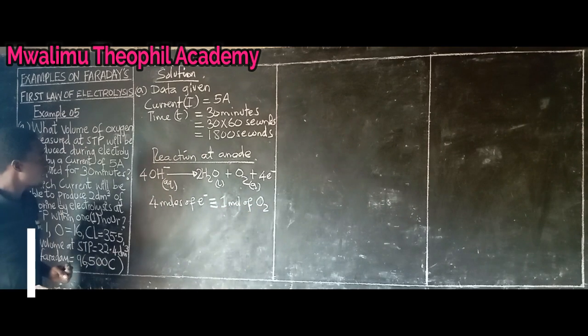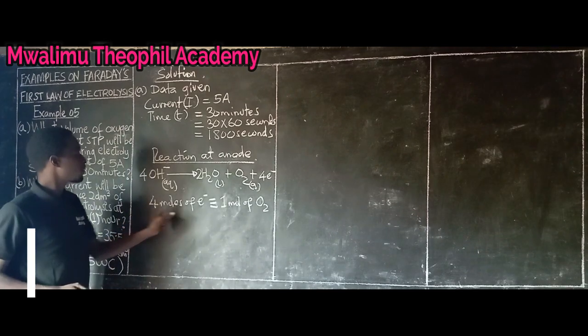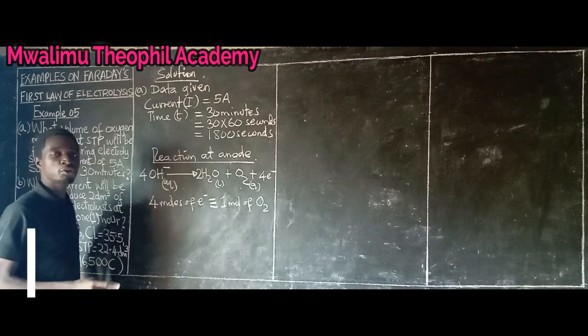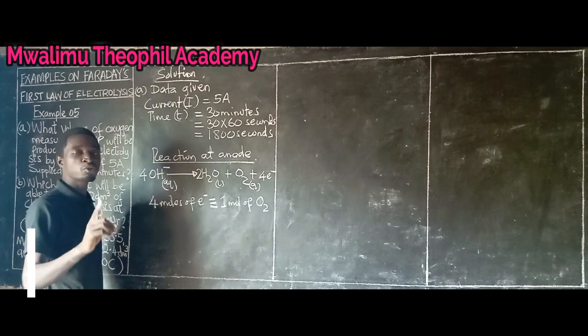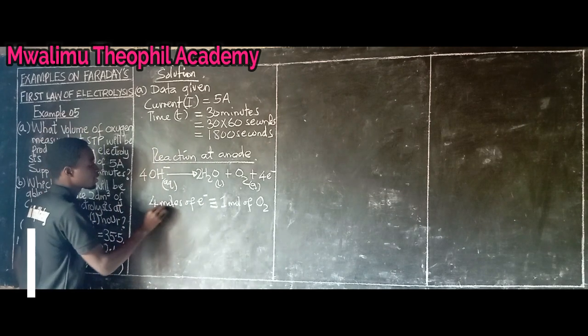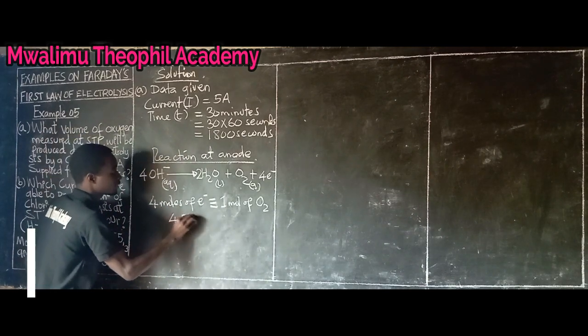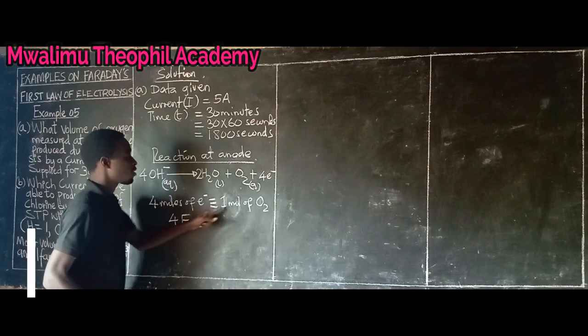Now, from there, we can relate the number of moles and the number of Faradays. As we know, 1 mole of electrons is equivalent to 1 Faraday, so 4 Faradays are equivalent to 1 mole of oxygen.